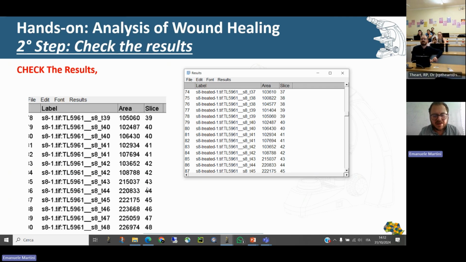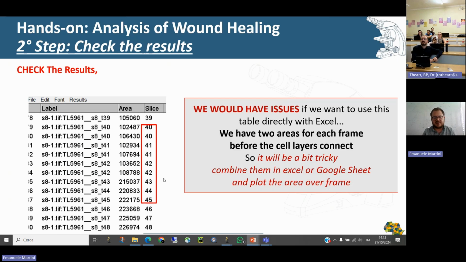It's not a disaster, but if you keep the table like this, you will have some issues in the data analysis part, whether you are using Excel, Google Sheets, Python, whatever. If you want to plot our area over time, how the cell layers are covering the image, the wound.